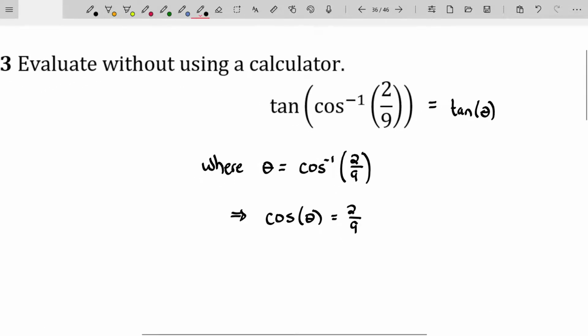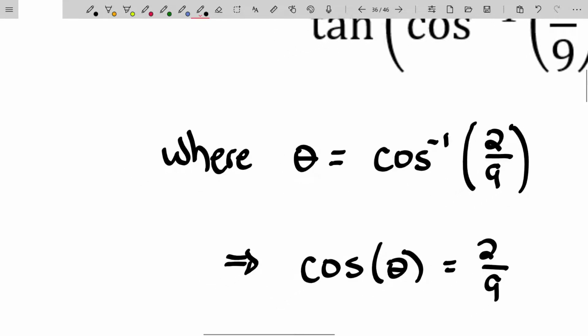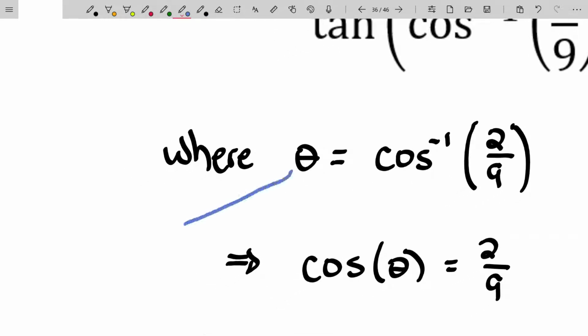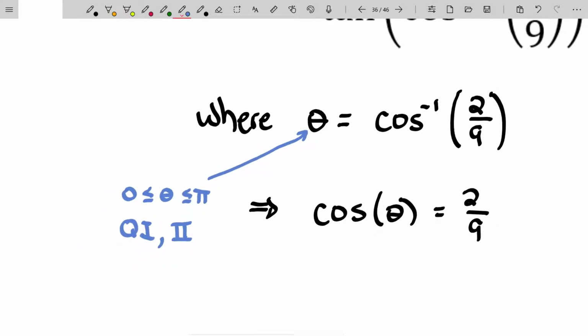Now, I happen to know the cosine inverse returns an angle, and that angle must be between 0 and pi radians. That is, it has to be an angle terminating in quadrants 1 or 2. Of those two quadrants, the cosine is positive in quadrant 1.